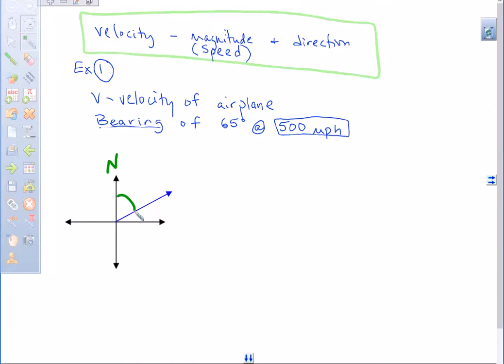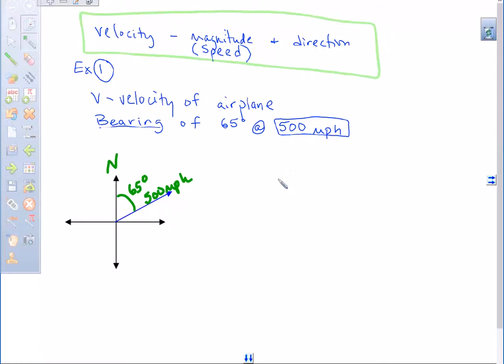Okay, so this is our 65-degree bearing. And we know that the speed, the magnitude, is 500 miles per hour. All right, and we're going to find the vector that represents this airplane. So our airplane in this case is going in this direction.